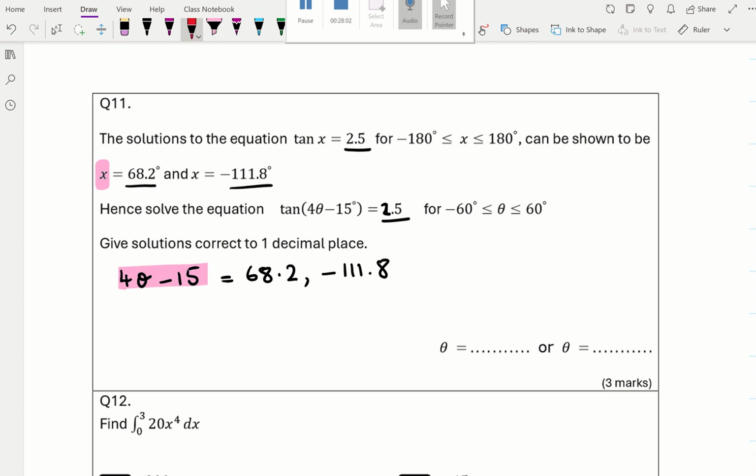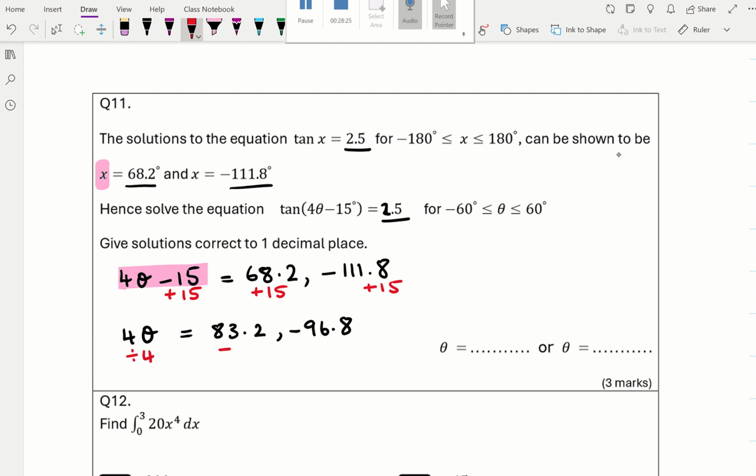And then you are doing the opposite. So instead of minus 15, you are adding 15 to everything. So you would get 4 theta equals 83.2 and negative 96.8. But I still need to find theta, not 4 theta.